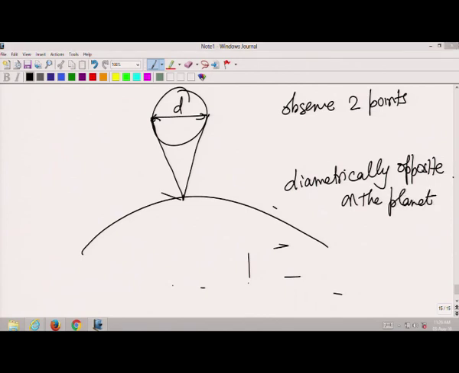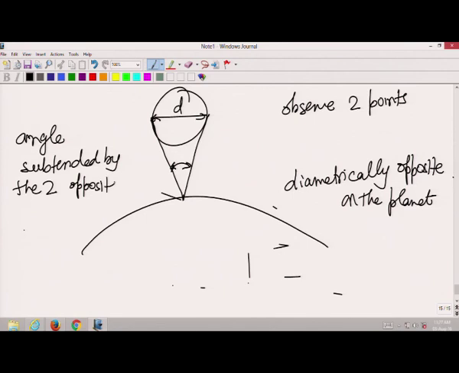Now, the angle which is subtended by the two opposite points, let this angle be alpha.